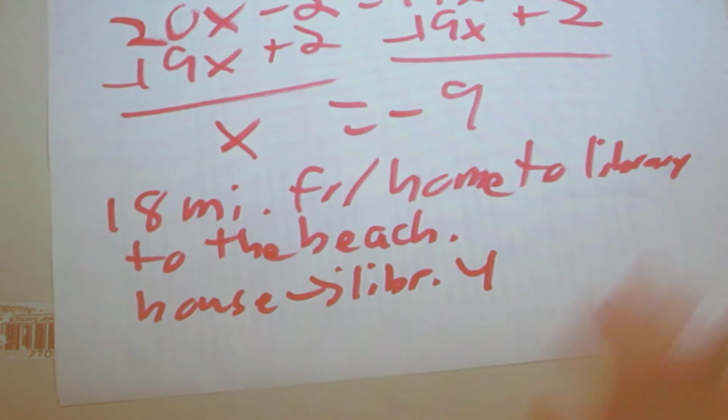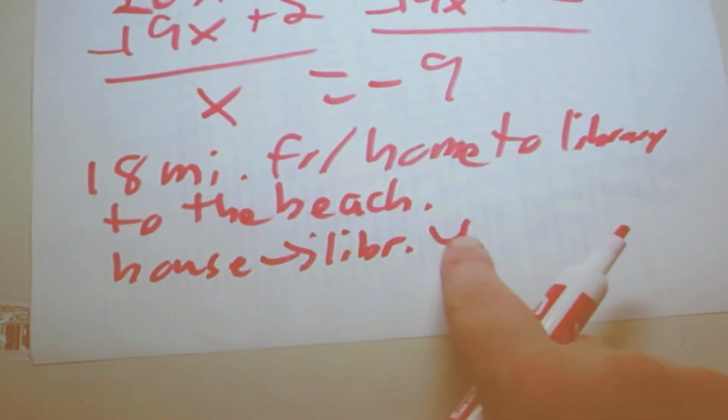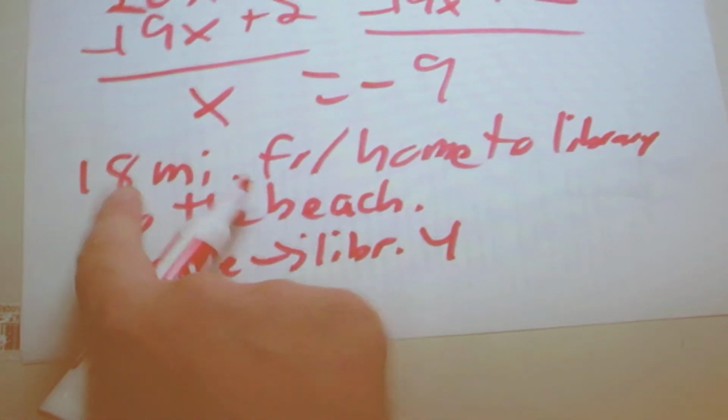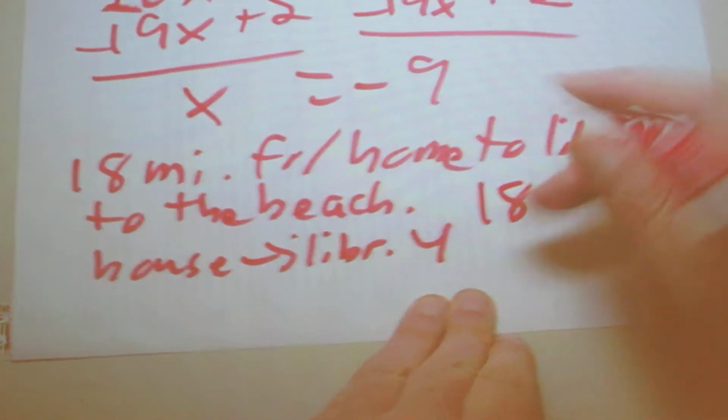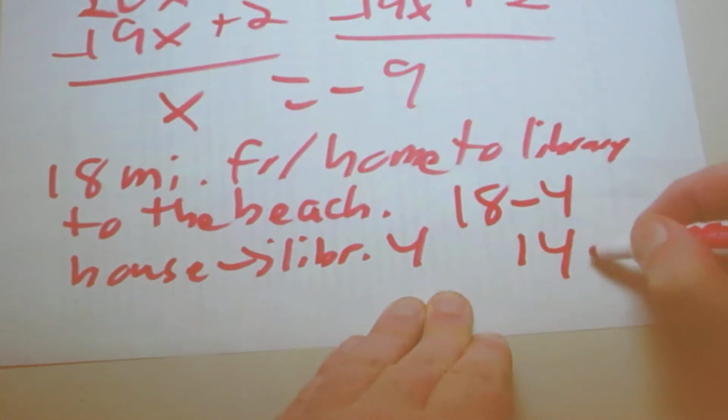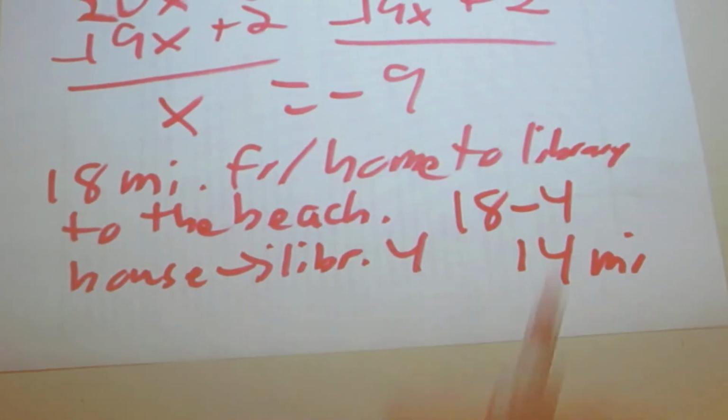So what is the distance from the library to the beach? We know the total is 18 and she went 4, so we're going to subtract and we're going to get 14 miles.